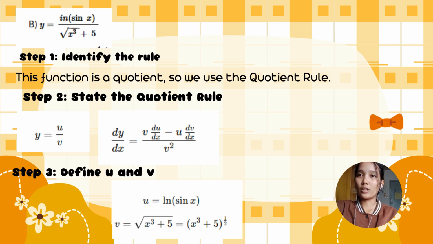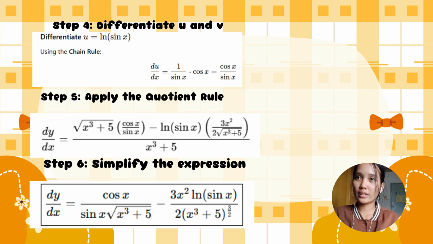Then we let u equal natural log of sin x and v equal the square root of x to the power of 3 plus 5. We differentiate u. The derivative of natural log of sin x requires the chain rule.